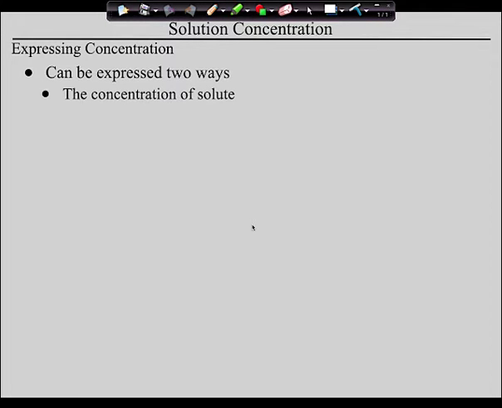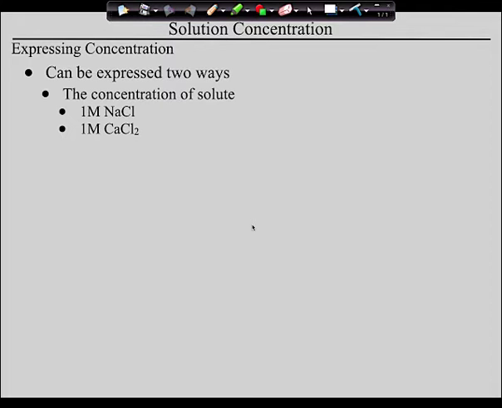We can talk about it in terms of the concentration of solute. This is what you are accustomed to. For example, you have 1 molar NaCl, or 1 molar CaCl2. Both of those you know to be water-soluble salts, which means they completely dissociate.